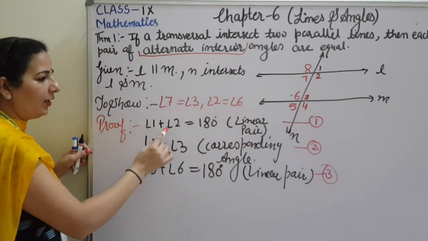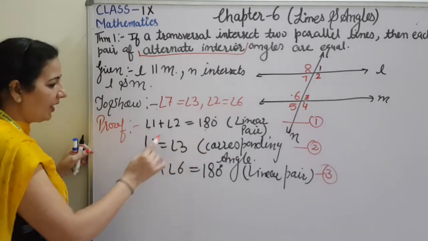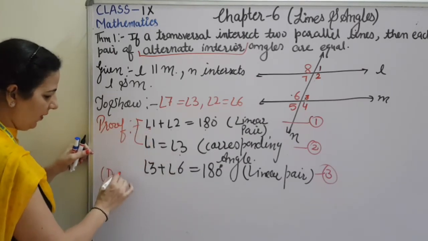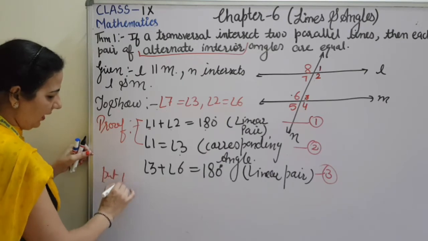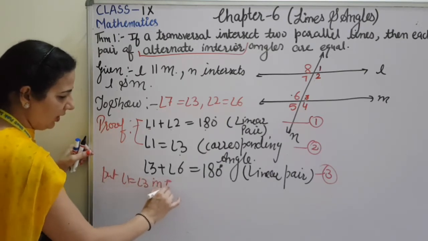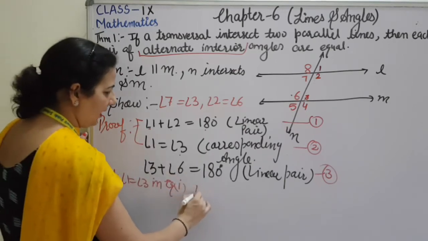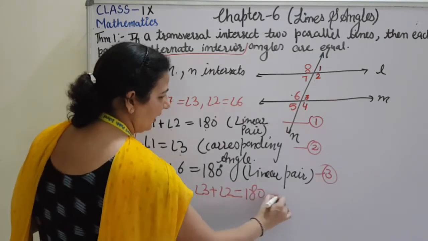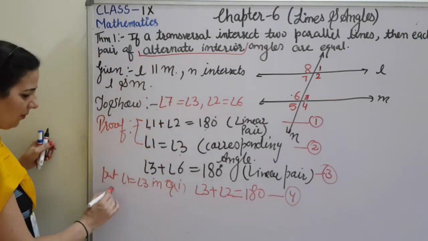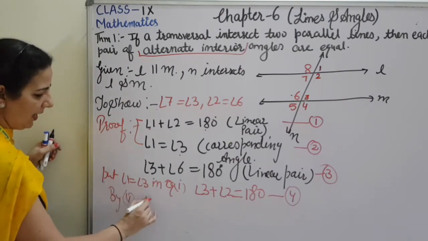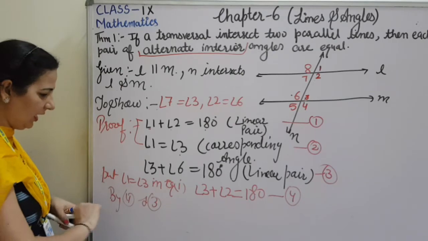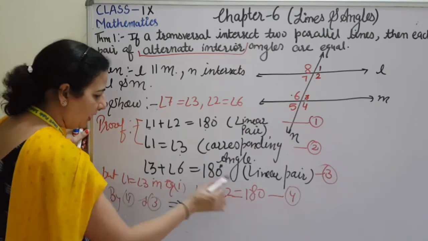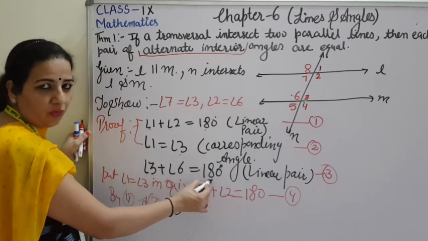How come? Because angle 2 plus angle 1 is equal to 180 degrees, and what is the value of angle 1? It is angle 3. So by equations 1 and 2, put angle 1 equal to angle 3 in equation number 1. Then the equation becomes angle 3 plus angle 2 is equal to 180 degrees. This is equation number 4. Now by equations 4 and 3, here we have angle 3 plus angle 2 is equal to 180 degrees, and here angle 3 plus angle 6 is also 180 degrees.